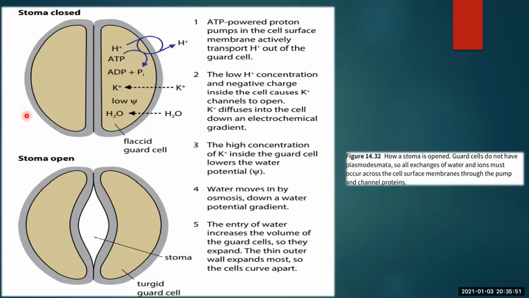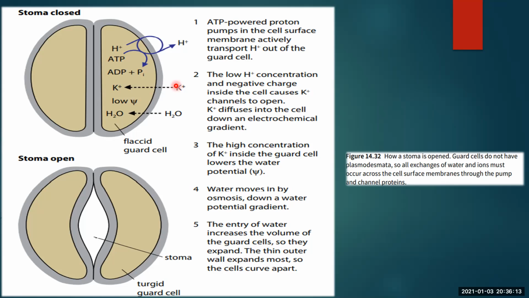So this is a picture from your book, but just to recap, these ATP powered proton pumps are there in the cell wall, which you can see. They actively transport hydrogen out of the cell. Because of the low hydrogen concentration here now and the negative charge build up, this causes the potassium channels to open.